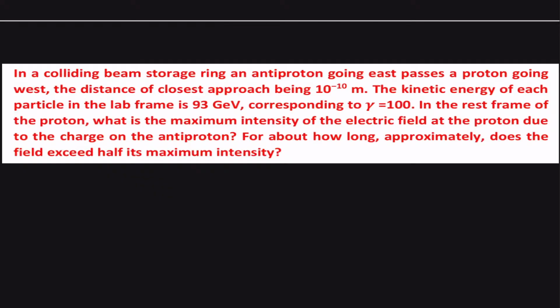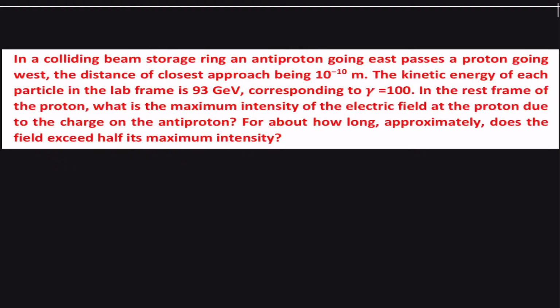it states that in a colliding beam storage ring, an antiproton going east passes a proton going west, the distance of the closest approach being 10 raised to the power minus 10 meters.